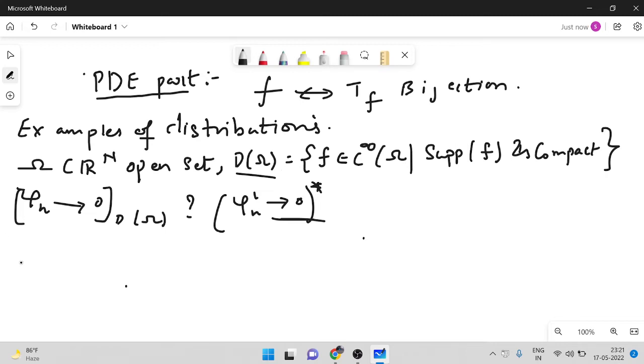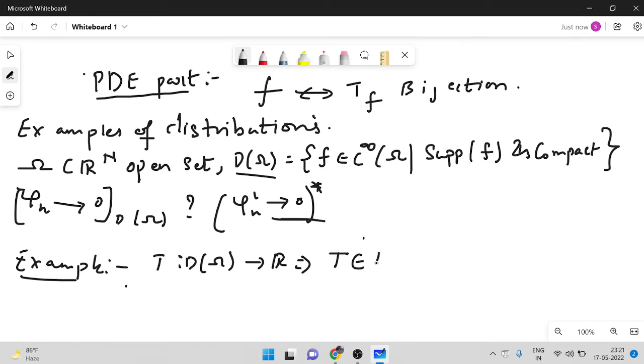So the first example of a distribution. Just to recap the definition of distribution: a distribution T maps from d of omega to R, which means T belongs to the dual space of the set we have defined.